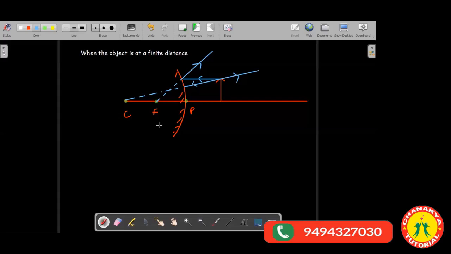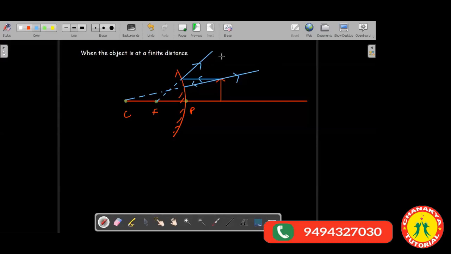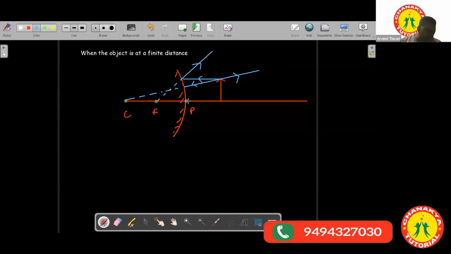Drawn, sir. Now see, do the two light rays meet? This was the first light ray, it's going like this. The second light ray is going like this. Do the two light rays meet? No, sir. But we can see that they appear to meet.